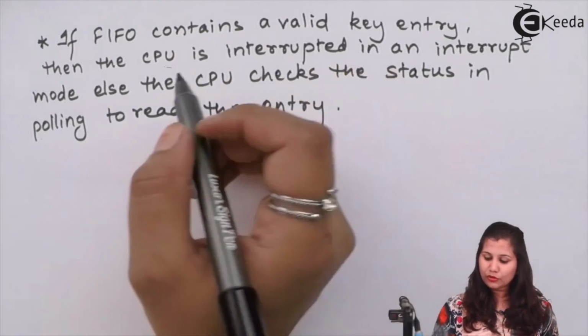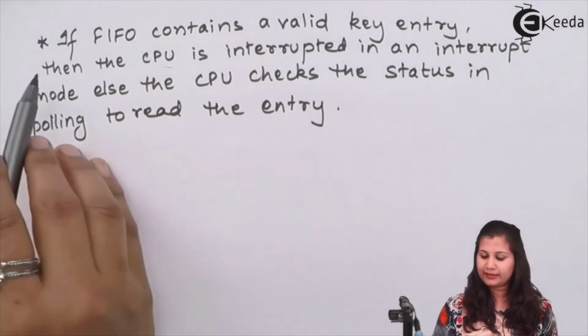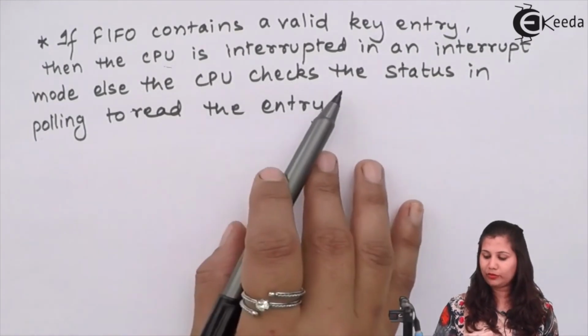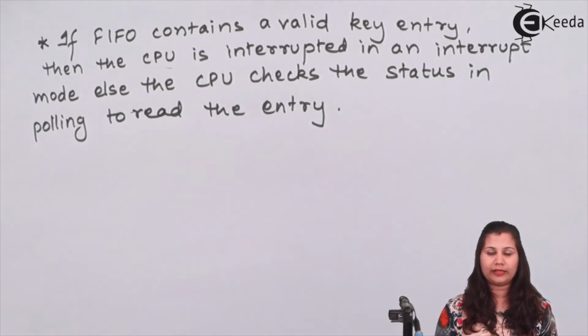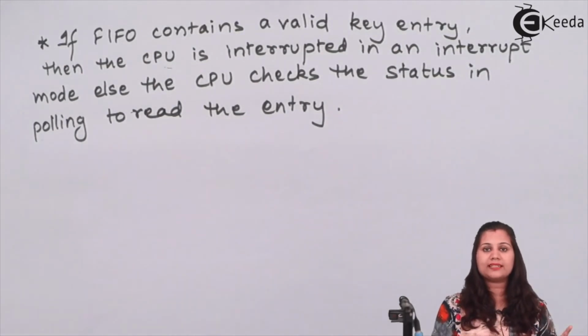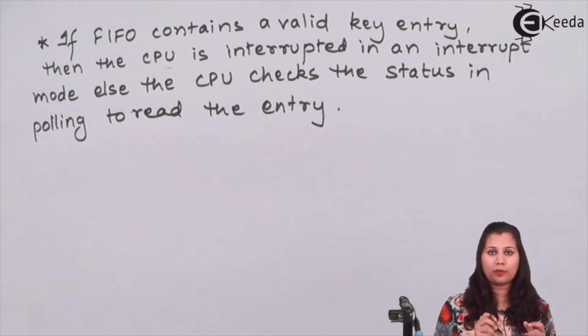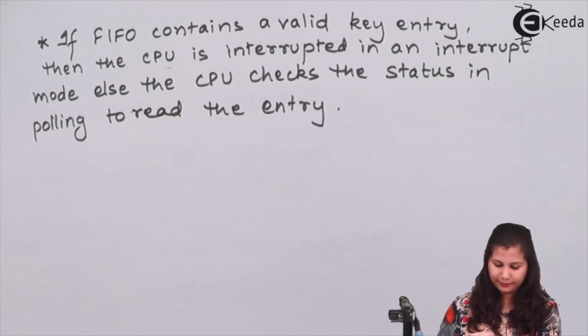So the CPU gets the information that this key has been pressed, and the response to that key is provided by the CPU, meaning the function associated with the key which is pressed will be performed by the CPU.